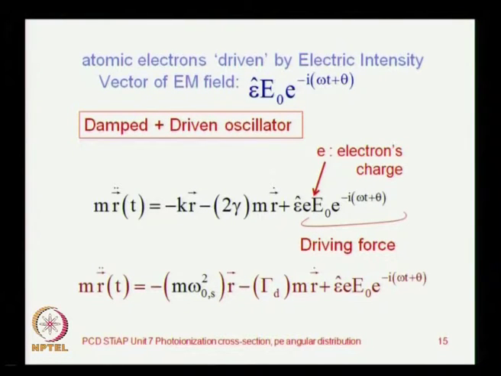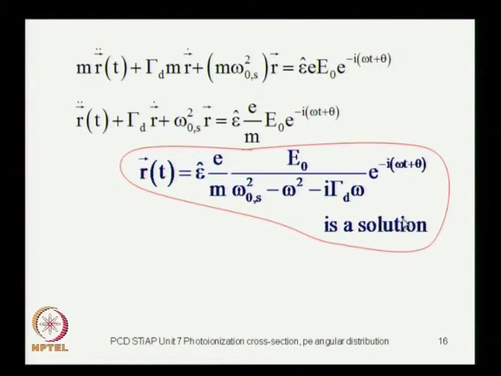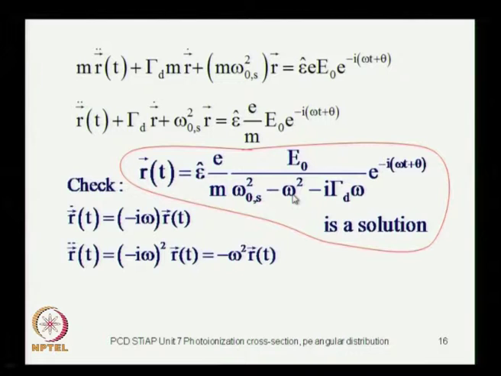In a number of different courses you meet this equation, and if you divide by the mass, you get this equation for the position vector, and it has a solution which is well known. So, this is the solution; you can easily check it out, you can get the velocity, you can get the acceleration, plug it in and see for yourself very quickly. This is something that you would have done in your undergraduate courses as well. So, this is the usual solution to the damped driven classical oscillator.